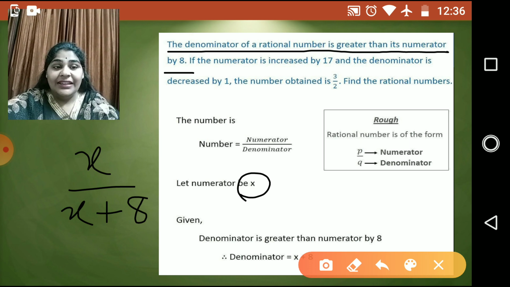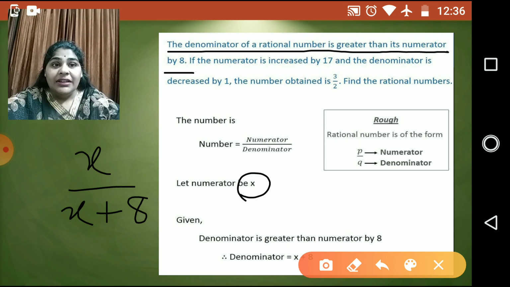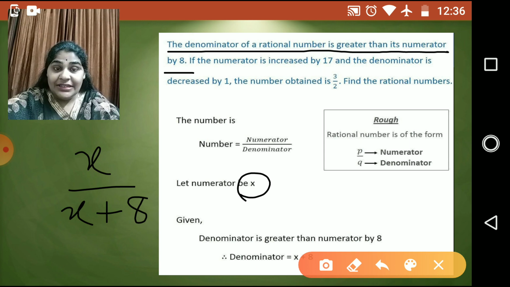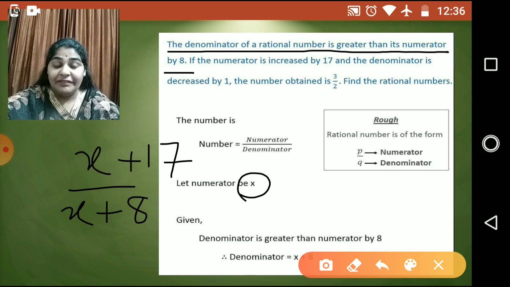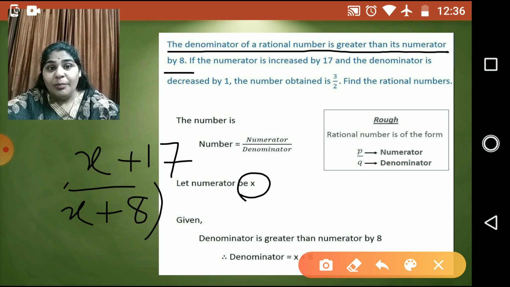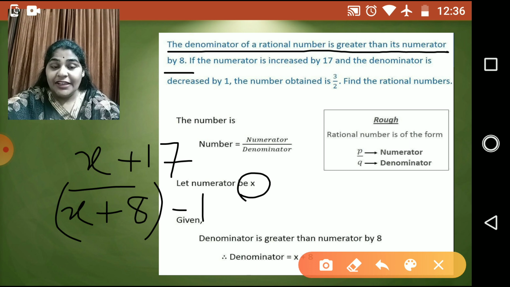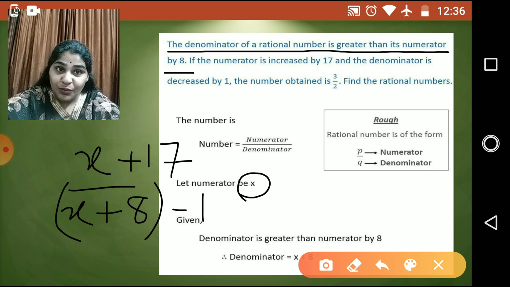Yes, and then now if the numerator is increased by 17, that is x plus 17 in the numerator now, and denominator is decreased by 1, so minus 1, so that is x plus 8 minus 1.